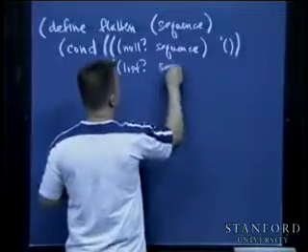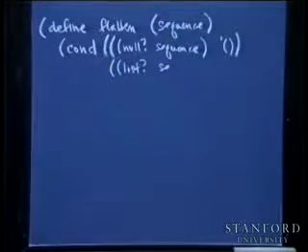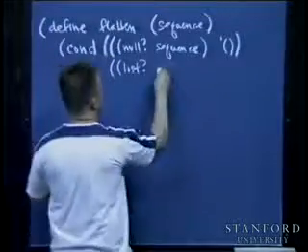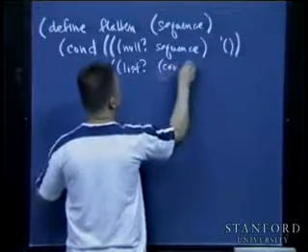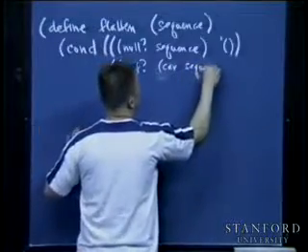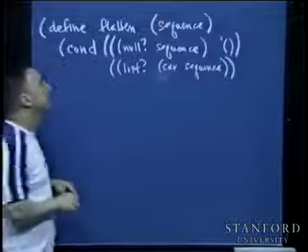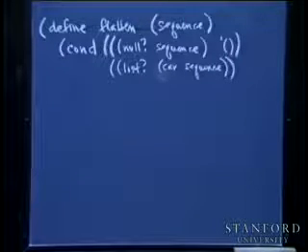Is car of sequence a list? If so, what I want to do is I want to flatten the car, I want to flatten the cdr, and I want to append them. Does that make sense to people?